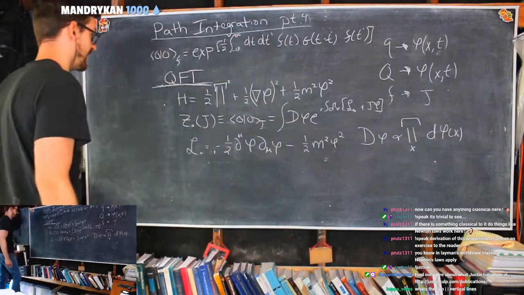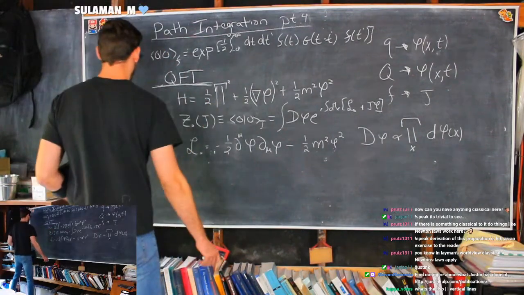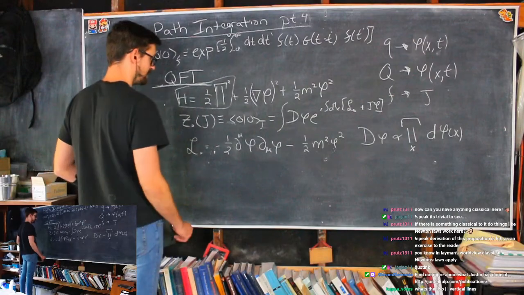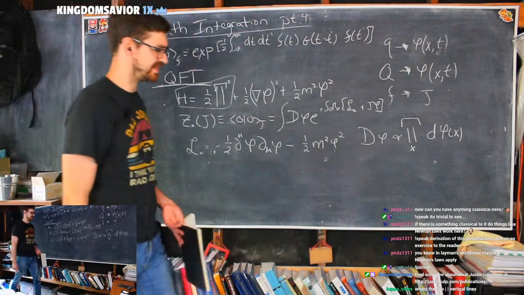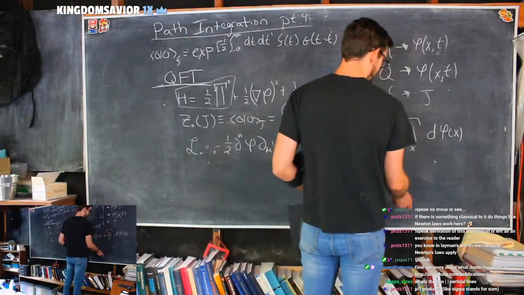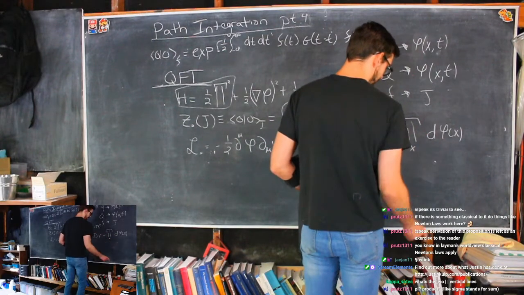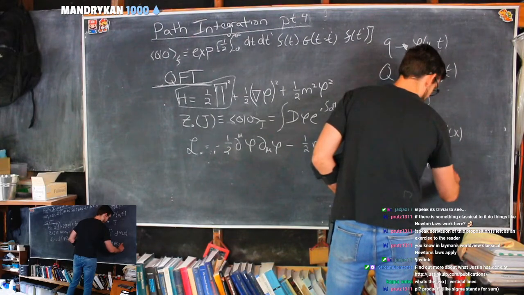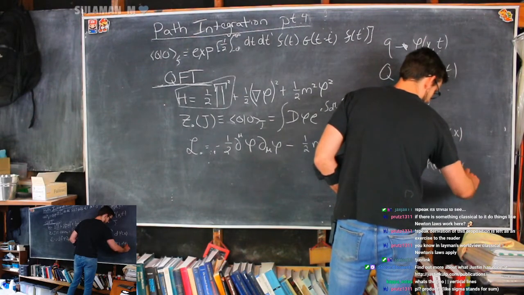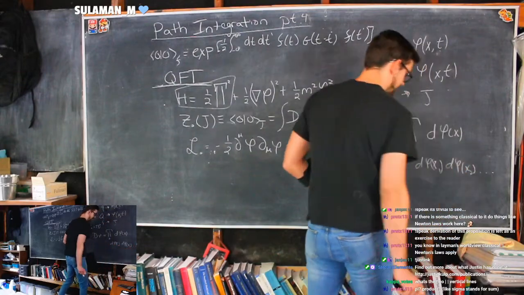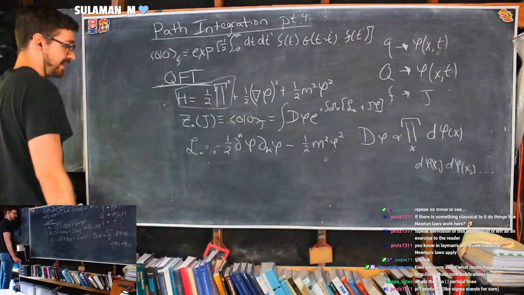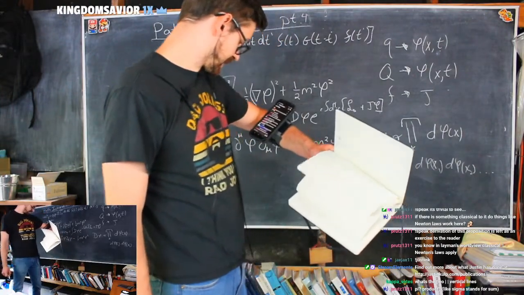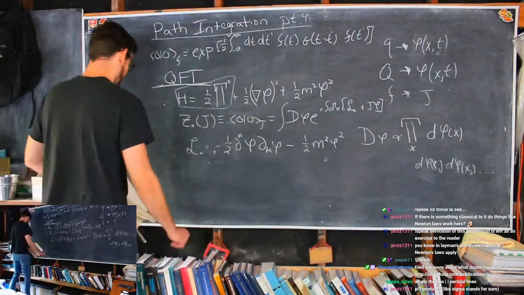What's the two vertical lines? Oh, here? This is just a capital pi, right? This is the product over all x's. So it's just going to be like d phi x1 times d phi x2, etc., etc. Like sigma stands for sum, yeah.